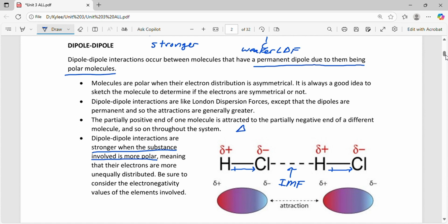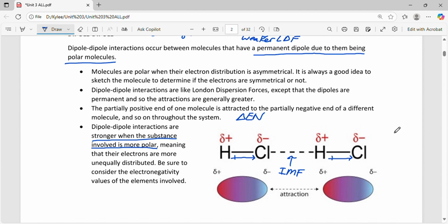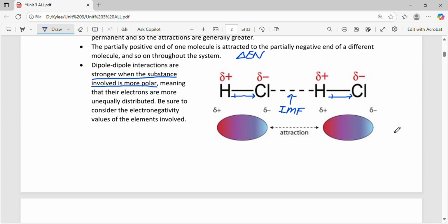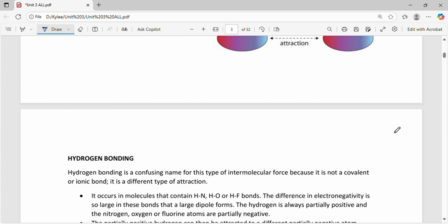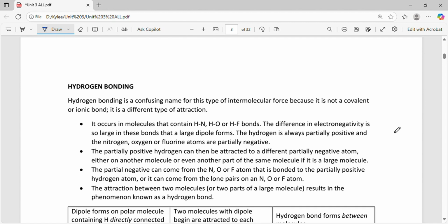So I would have to see the difference in electronegativity for chlorine versus hydrogen, and that can tell me whether something's really polar or just a little polar.